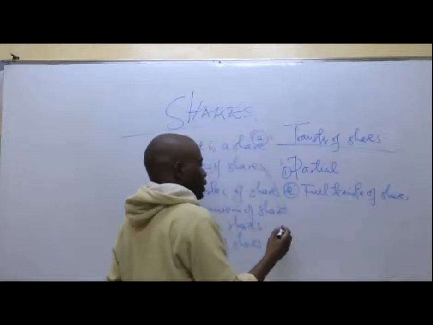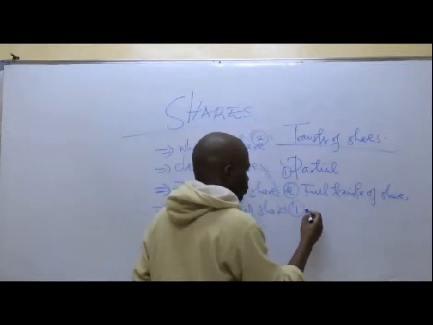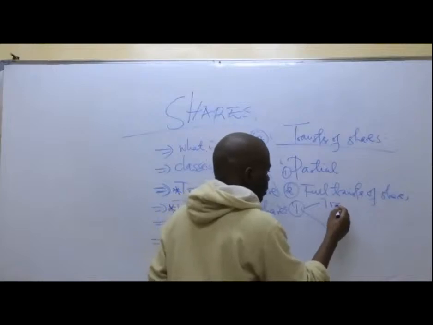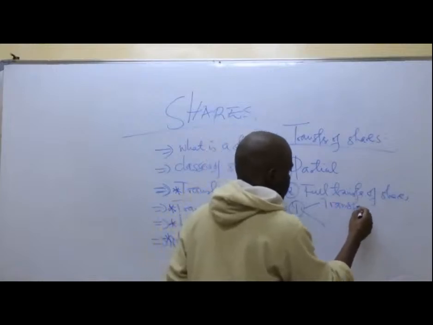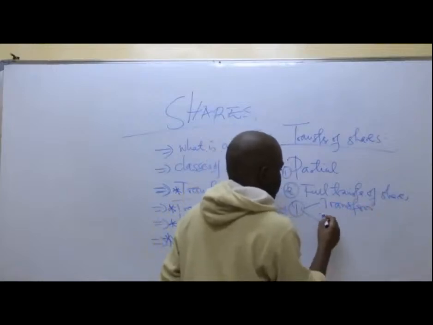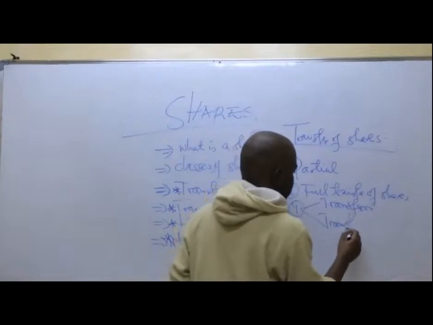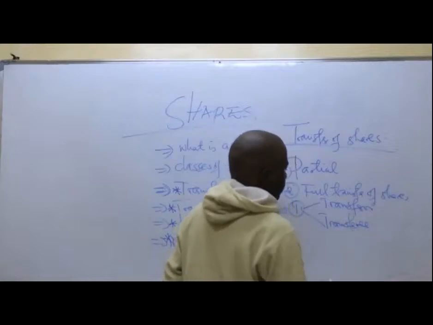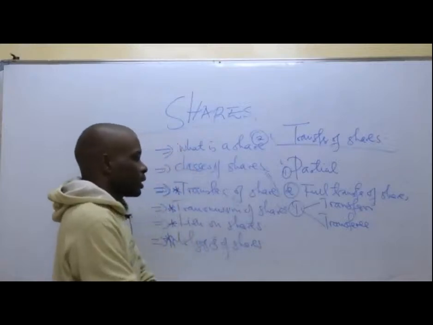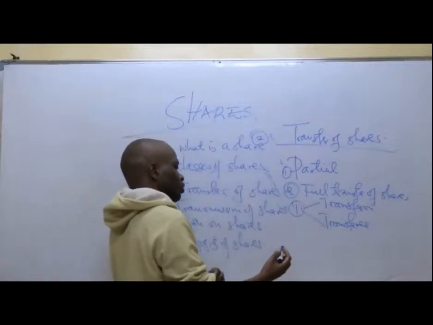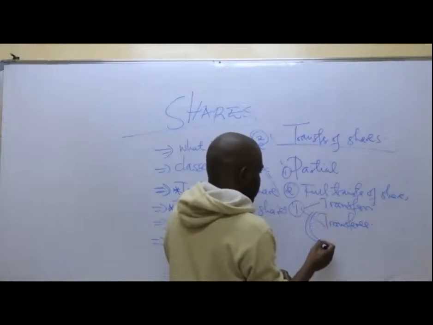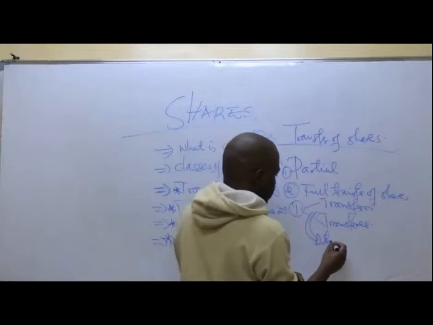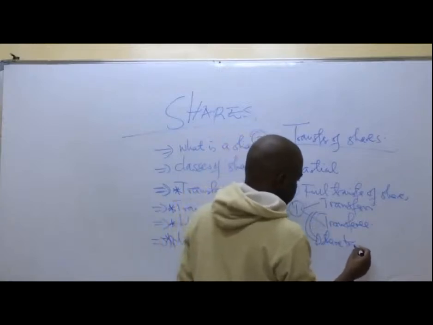What is important here is for you to know that there are usually two parties. There's the transferor of the shares, and there is the transferee. Then the instrument involved in the transfer of shares is known as a share transfer form.